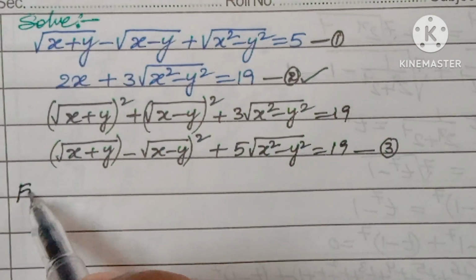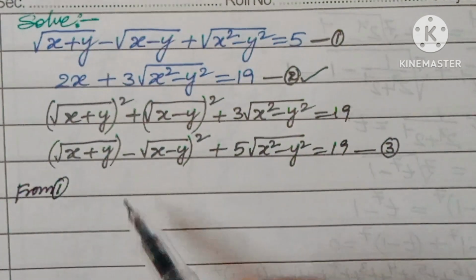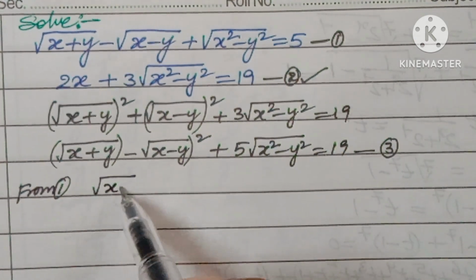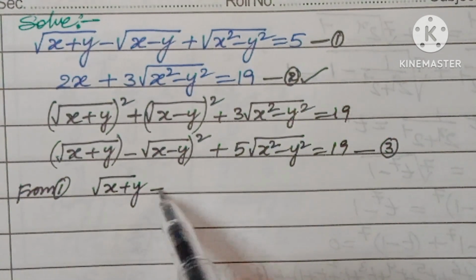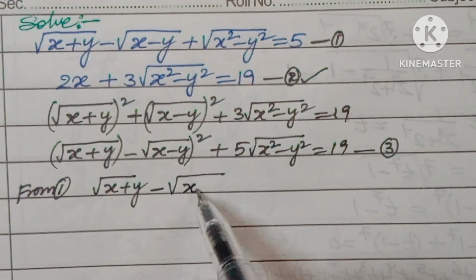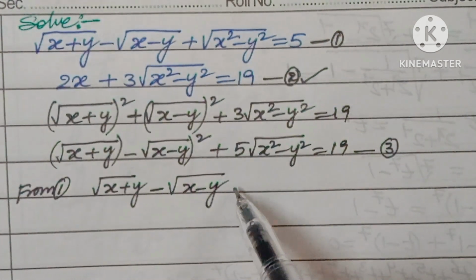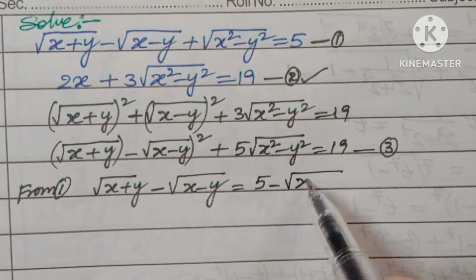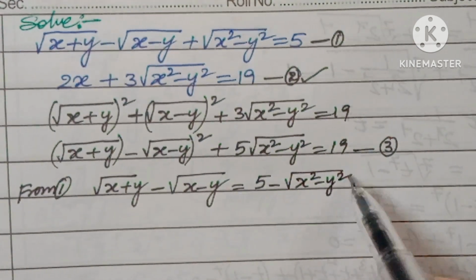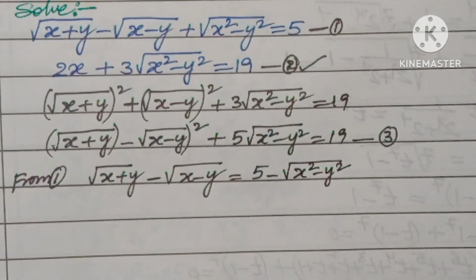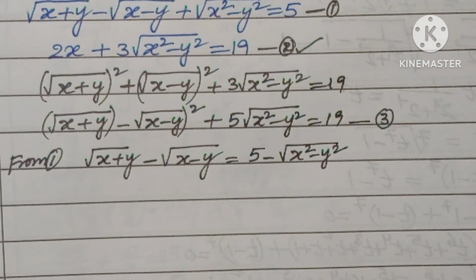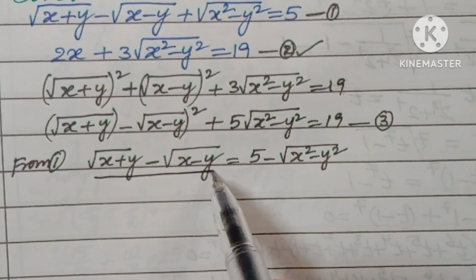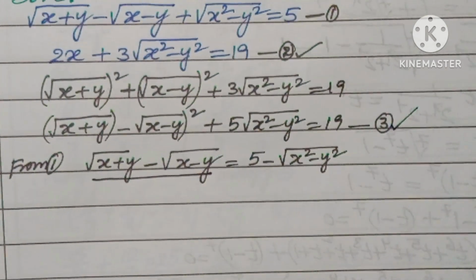Now from 1 we have √(x+y) − √(x−y) equal to 5 minus √(x²−y²). From the first equation we are getting this. Now replace this value in 3.